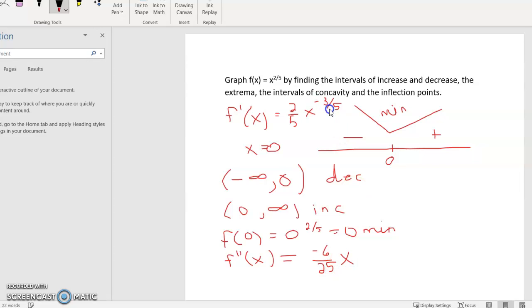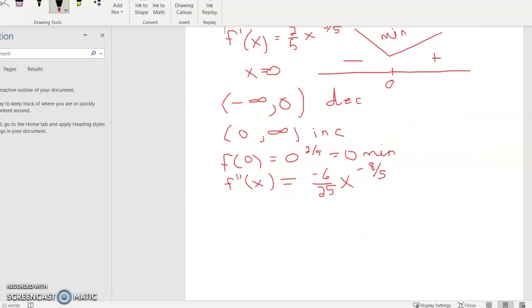Lower this exponent by 1, subtract 5 over 5, we get negative 8/5. And again, if we set this to 0, only x equals 0 is a critical value. So let's put that on our number line.